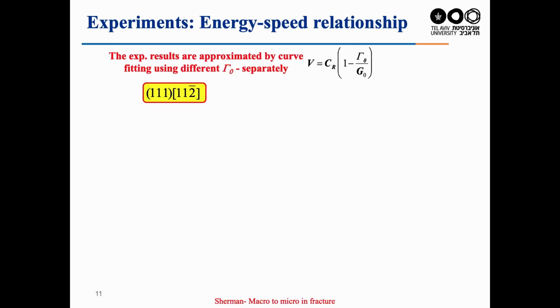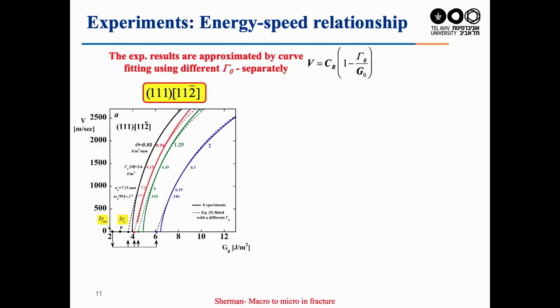Our experiments were done with silicon specimens. It is a 100 silicon specimen. The crack was propagating along 2 low energy cleavage planes. This is the 111 1-bar 1-bar 2 silicon cleavage system. This is the plane, and this is the crack front direction. And what we can see here is this data.